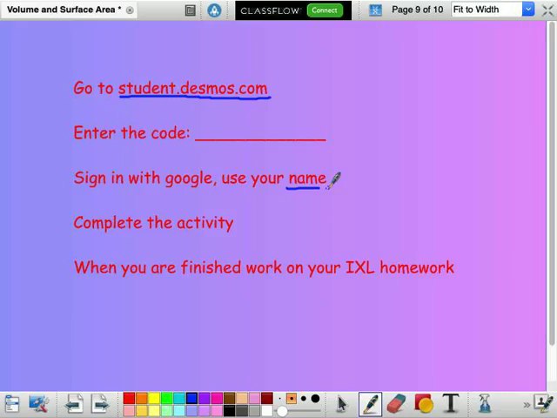If you are working with a partner, for whatever reason, make sure that you put both of your first names. Complete the activity. This is your classwork and it is a grade. When you are finished, work on your iExcel homework that was in your agenda. I will also leave that on the whiteboard.